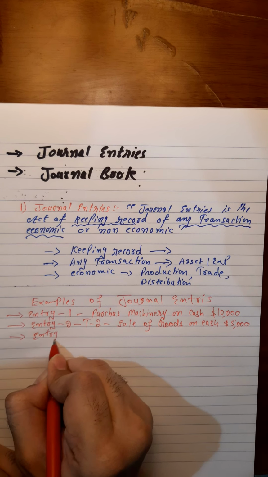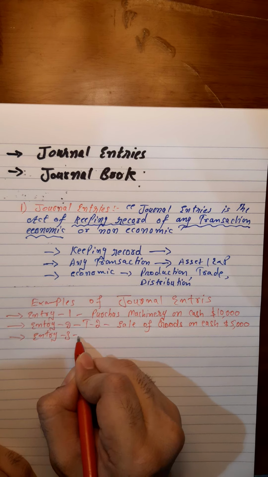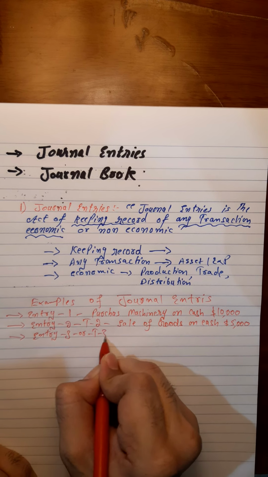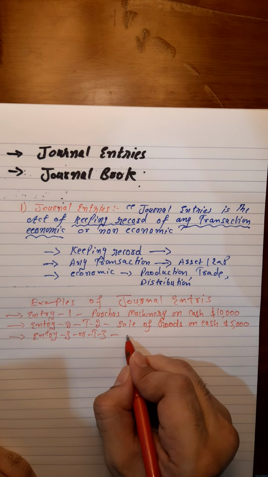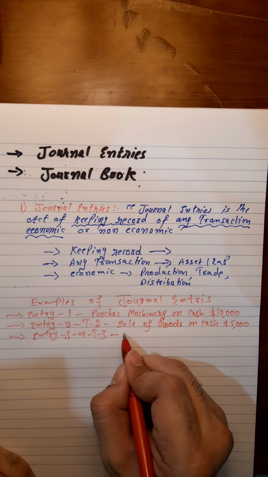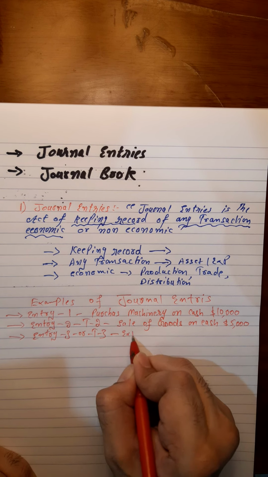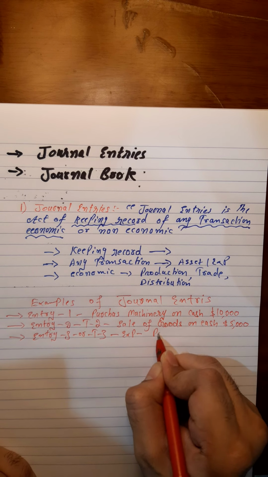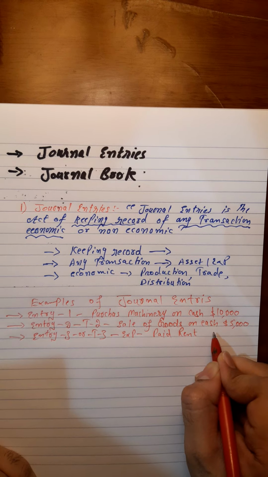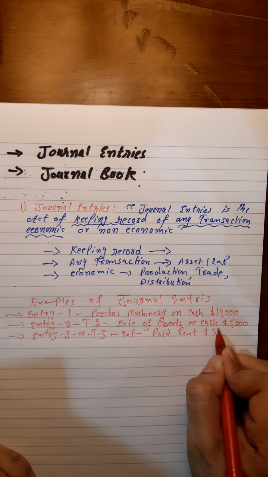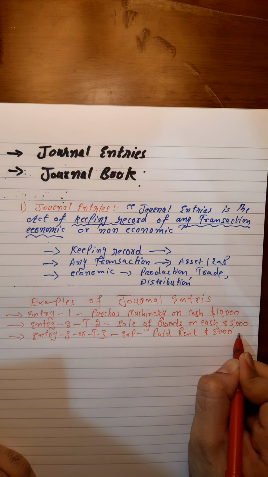Entry number 3 or transaction number 3, this is an expense entry: paid rent $5,000 in cash.